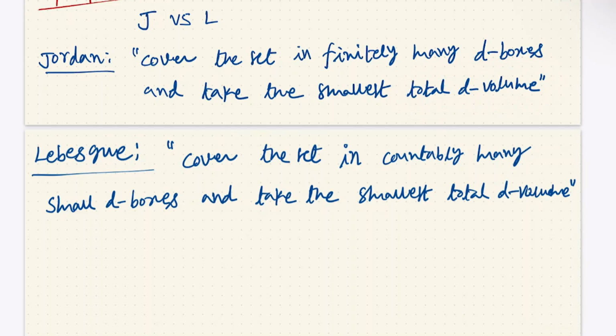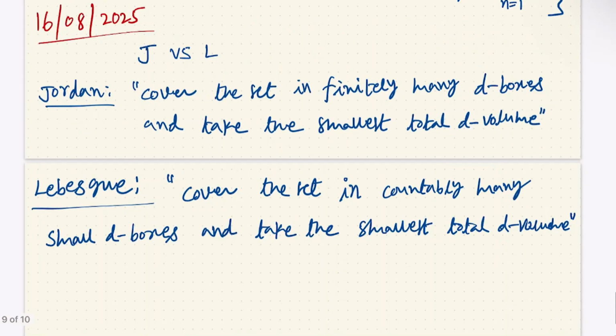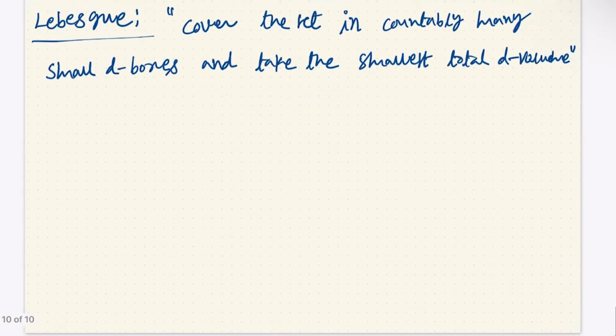Suppose I have some set, which in general we denote Y, a subset of R^d.